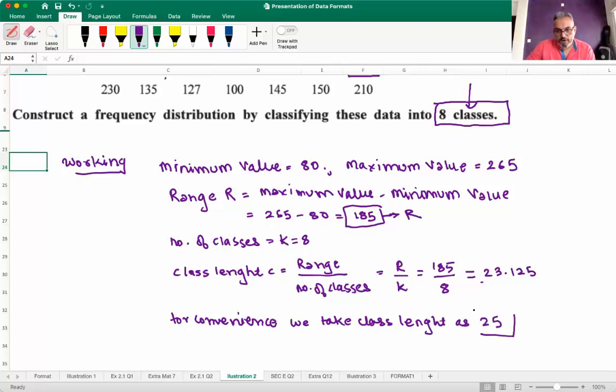So now we got class length 25. Now over here, it is not given whether we have to make inclusive or exclusive. So nothing is given. So we always go for exclusive frequency distribution.